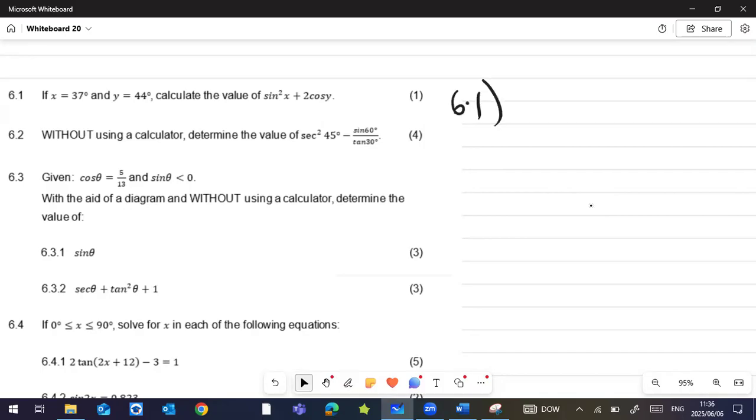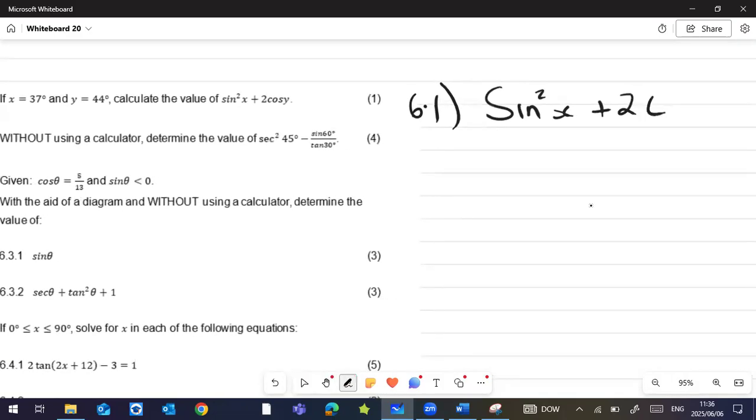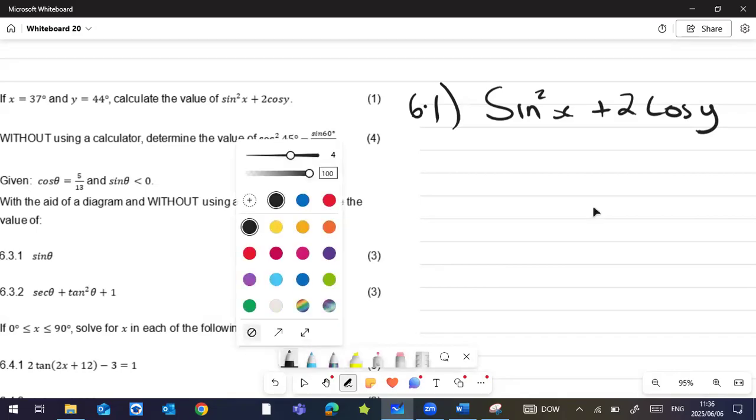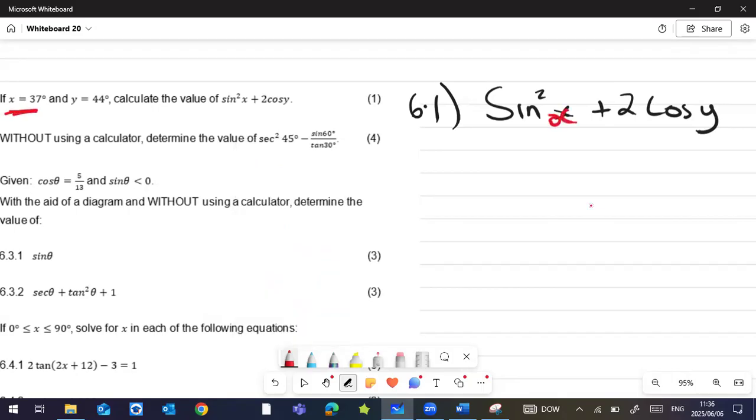6.1. We want to find the value of sine squared x plus 2 cos y. Now, what it means, let me take a different color. Where you see x, replace with 37 degrees.